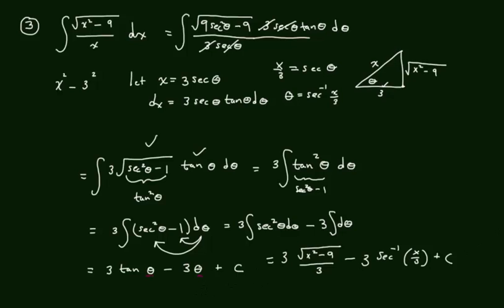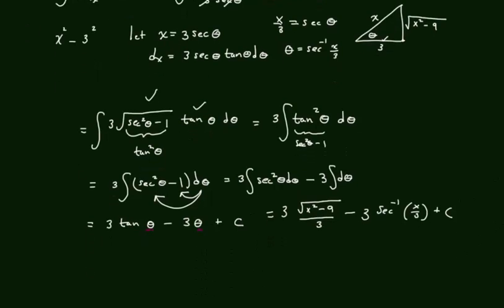Final answer, let me scroll. The final answer, radical x squared minus 9, cancels out like that, minus 3 inverse secant x over 3 plus c. That is the end. This is the end. My simple friend, the end.